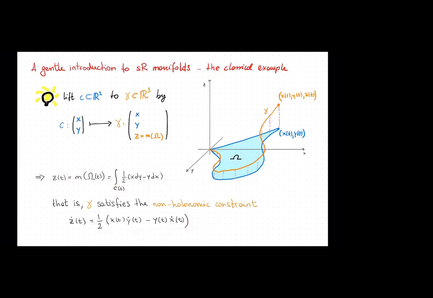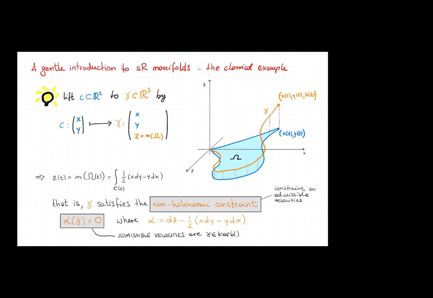You can see this literally just by deriving with respect to t, then you get a dot here, this curve goes inside, and then you have the derivative with respect to t there. So you have z dot equal to 1/2 (x y dot minus y x dot), which might resemble a rotor to some of you.